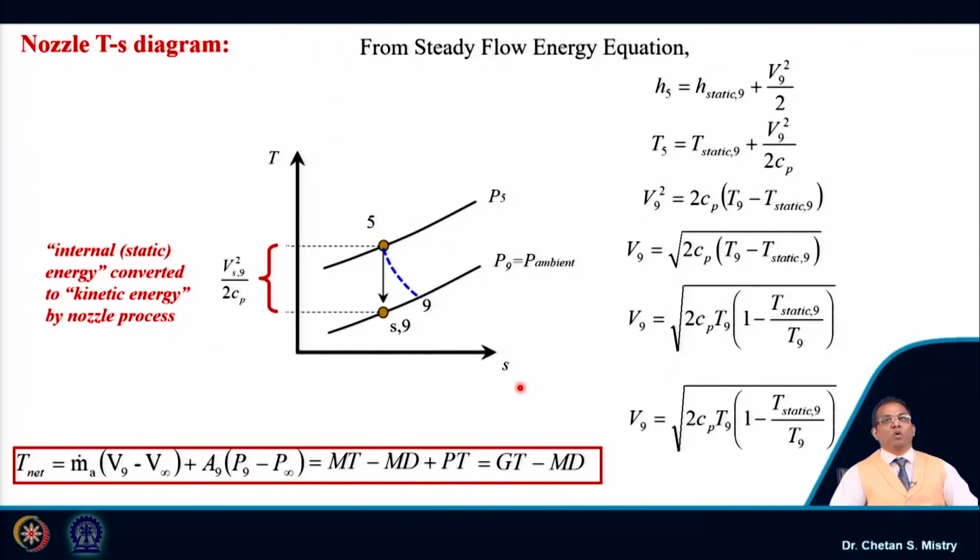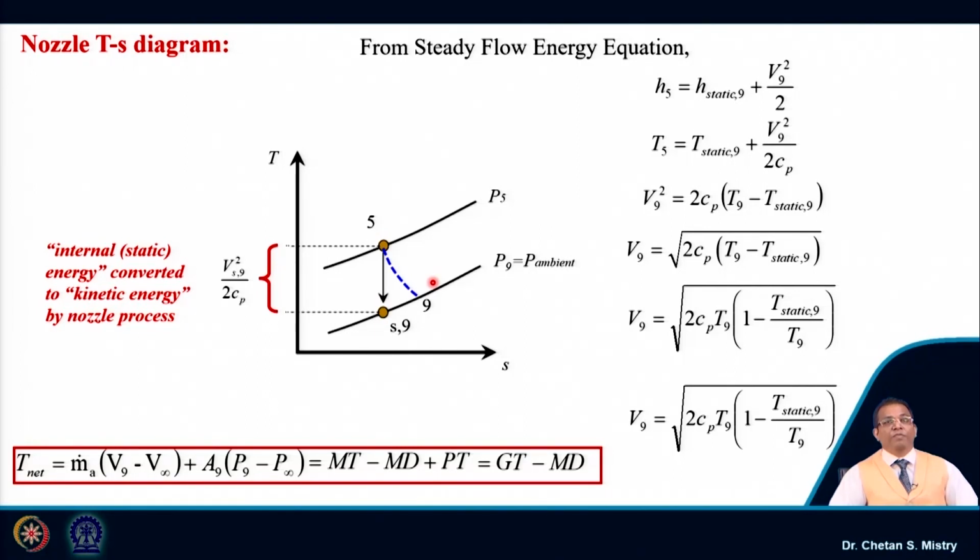Now, let us try to understand the expansion process happening inside my nozzle. This process is called expansion because at the exit I will have lower pressure. This is representing my isentropic expansion process from state 5 to S9, and this is representing the actual process happening inside my nozzle. Now, the question is what parameter is of our interest. A very important parameter for performance calculation is the thrust.